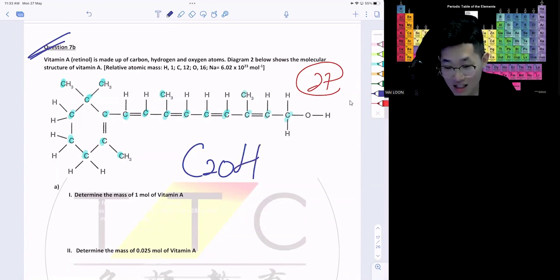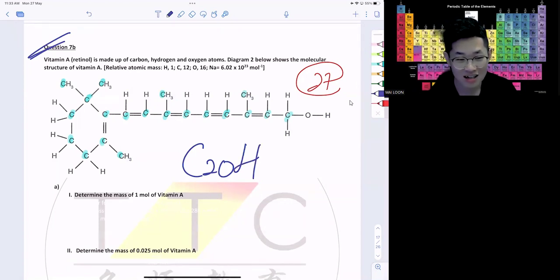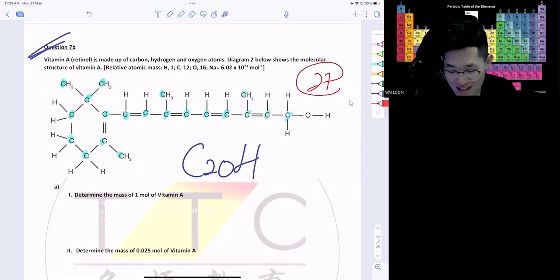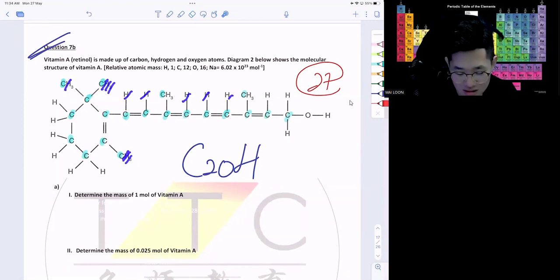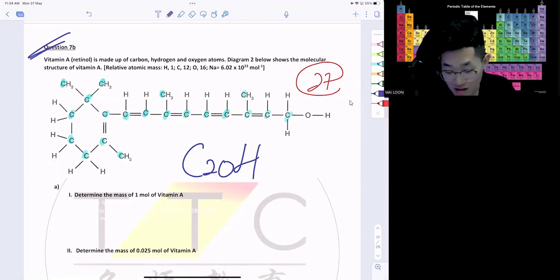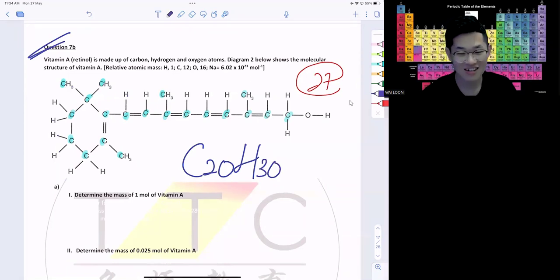How come I got 27 only? Oh, correct, 30. Thank you very much. Luckily you all count for me. Then O got 1. C20, H30, and 1 O. Let me know if I count any of the formula wrongly.